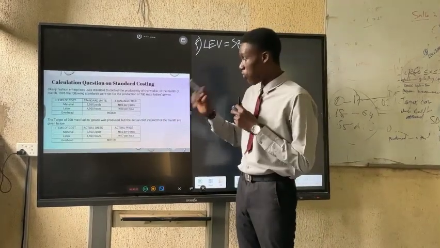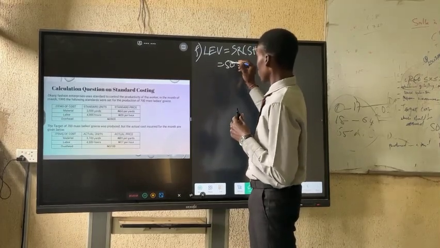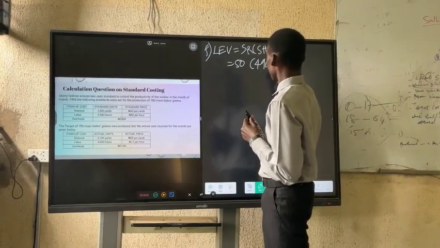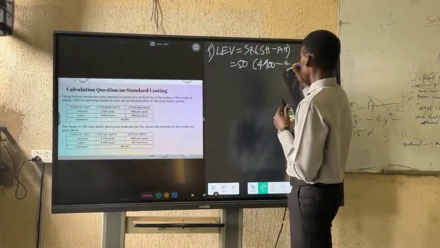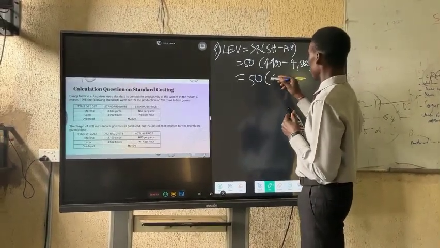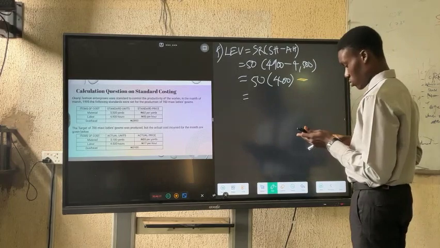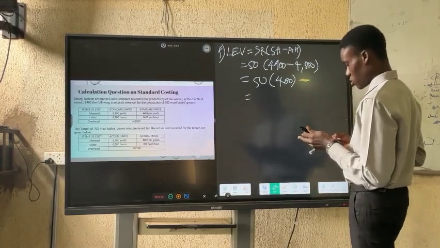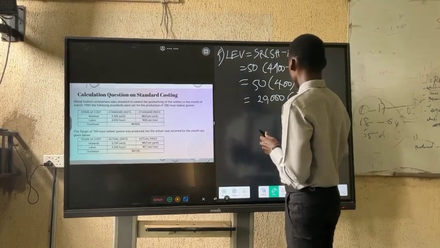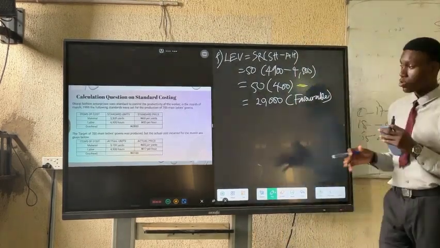So the standard rate for labor is 50 naira, our standard hour is 4,900, and our actual hour is 4,500. So when you do the math, that will be 50 into bracket 400, so 50 times 400 is 20,000, and that is favorable.